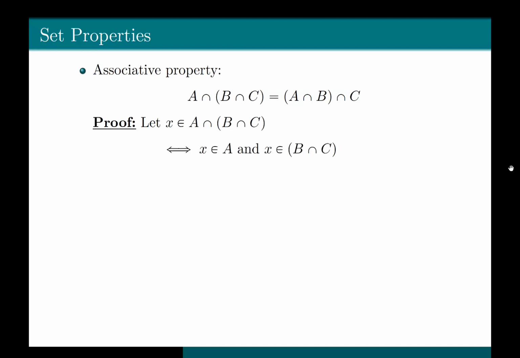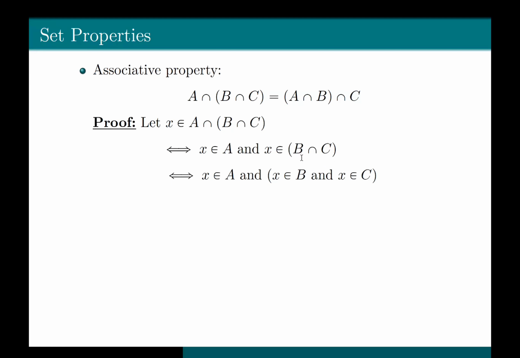Now, again, if you look here carefully, we have the if and only if sign. So we have arrows on both sides, left side and right side. So X belongs to A intersection B intersection C implies X belongs to A and X belongs to B intersection C. Further, we have that X belongs to A. Now, what does X belongs to B intersection C mean?